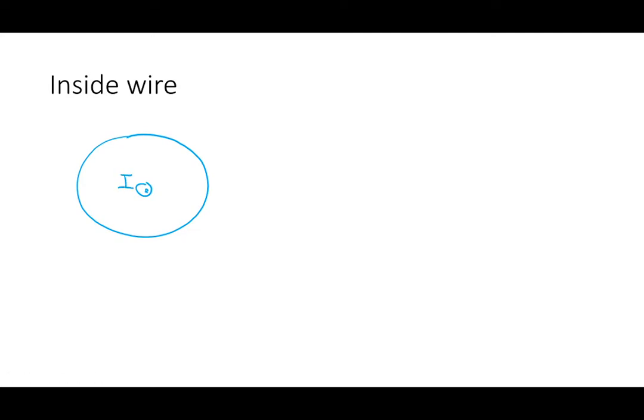We're interested in the magnetic field at some point inside the wire. The wire itself has a radius big R, let's say. So we want the B here. Again, we expect the magnetic field, using the right-hand rule, to be in the upwards direction at that point, perpendicular to this radius.